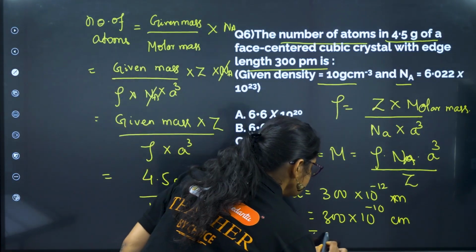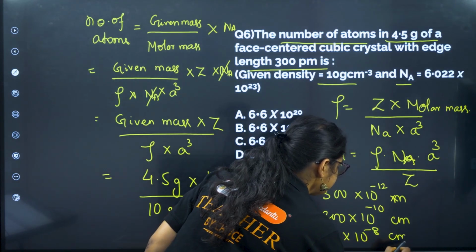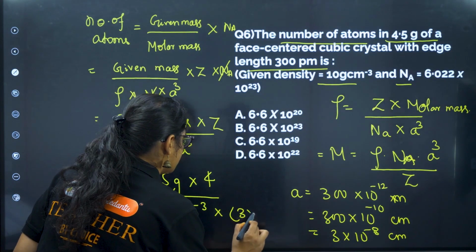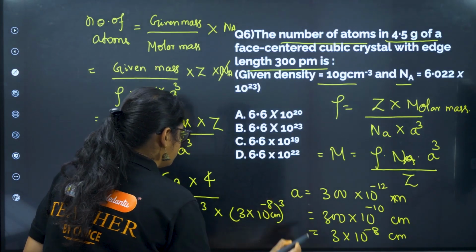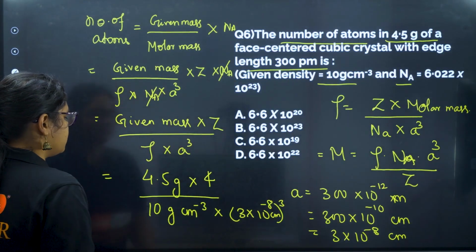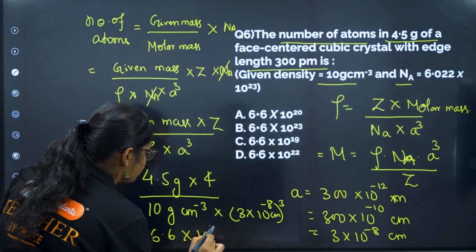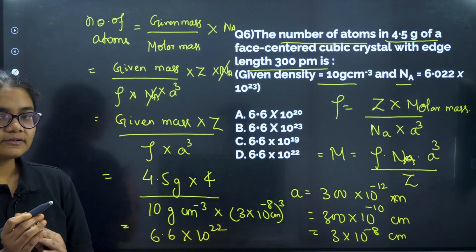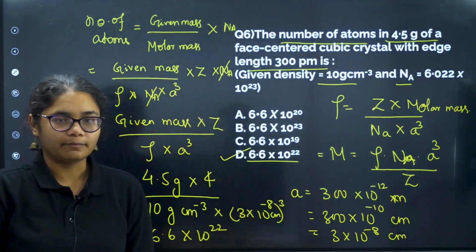So I can write this as 3 into 10 to the power of minus 8 centimeter. So we can substitute here 3 into 10 to the power of minus 8 centimeter cube. Now if you solve this one, we will get 6.6 into 10 to the power of 22. So the correct answer for this question will be option D, that is 6.6 into 10 to the power of 22.